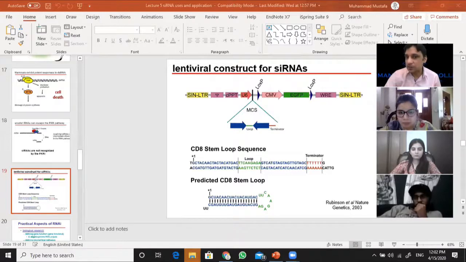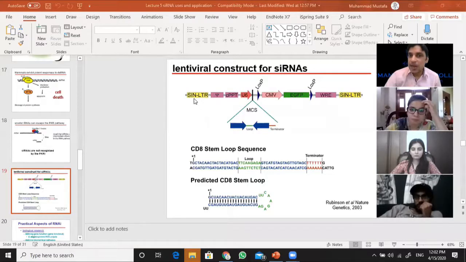It contains important components: it has the EGFP reporter, so we can see whether it is incorporated or not. It has a promoter, a human mammalian promoter, the U6 promoter, to produce small interfering RNA or small microRNA.